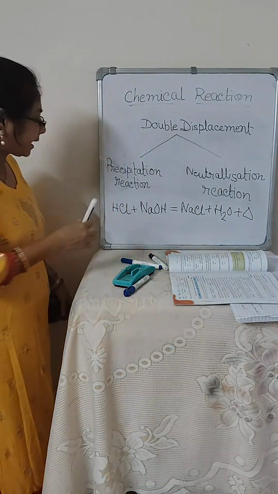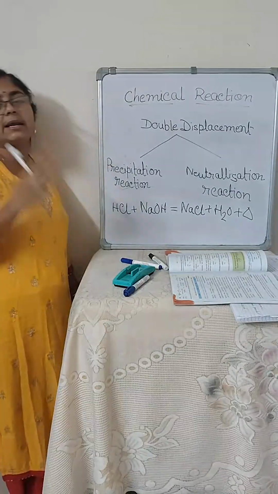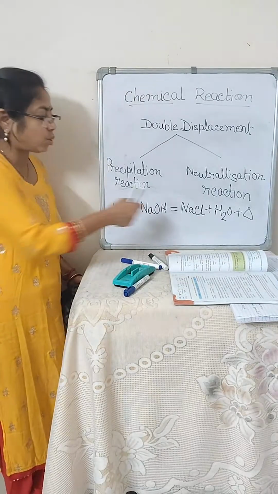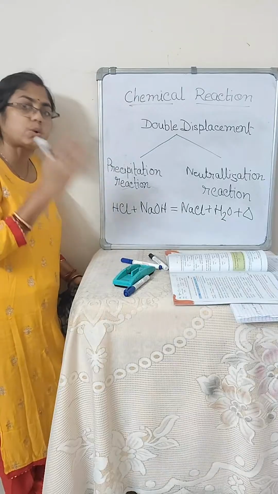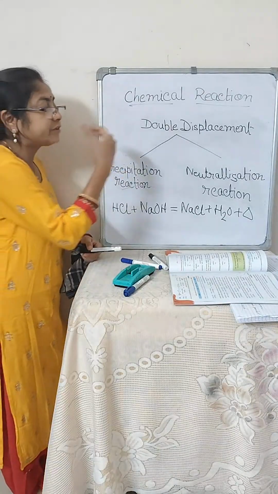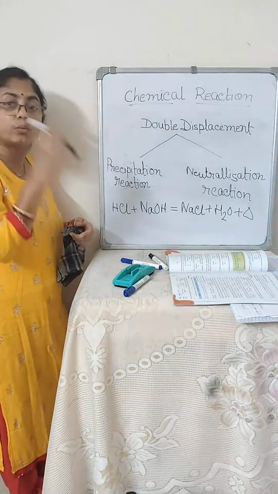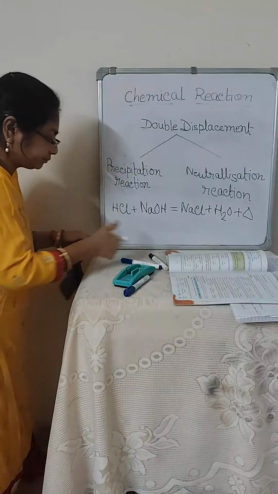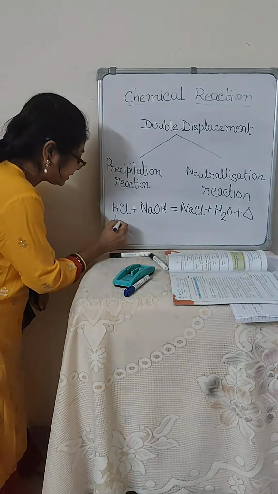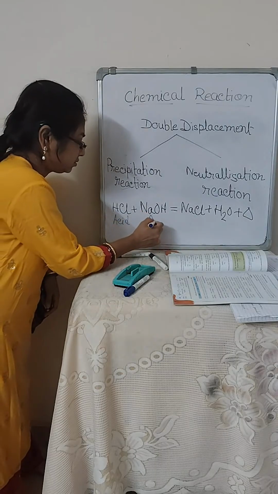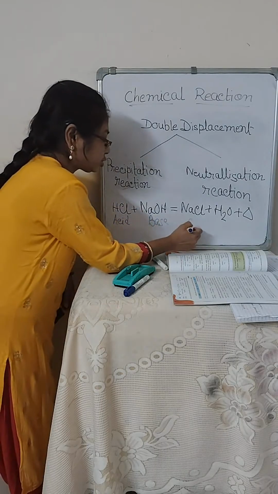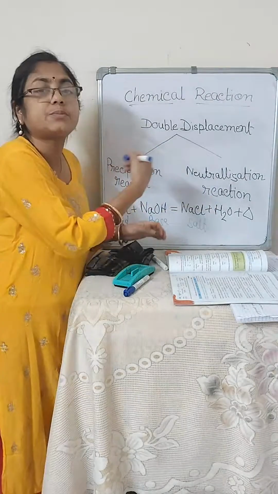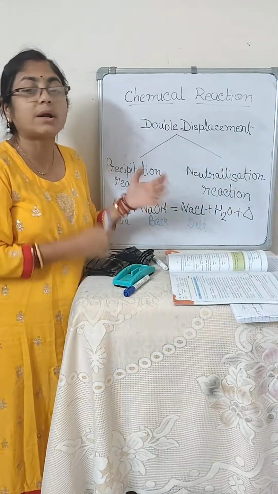Look, what is HCl? HCl is an acid. What is NaOH? NaOH is a base. The OH radical is present, so it is a base. After the neutralization reaction, NaCl is formed, which is a salt. This is acid, this is base, this is salt.